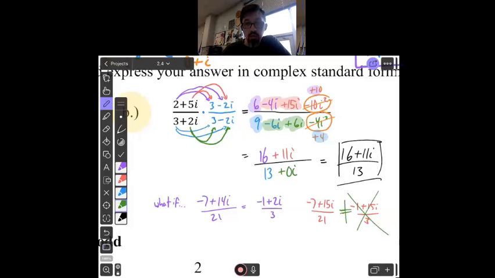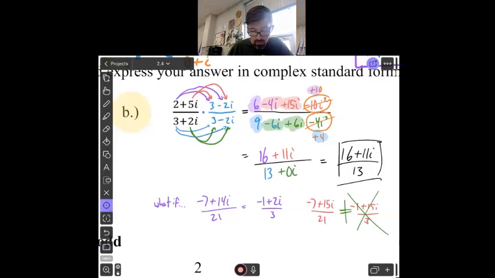Right, they all need to share something in order for it to reduce. They all have a 7 in them, take it out. These do not all have a 7. These do not all have a 3. I can't take that stuff out. 16, 11, and 13 don't share anything. No reducing. You can't reduce part of a fraction. You have to be able to reduce the whole fraction.